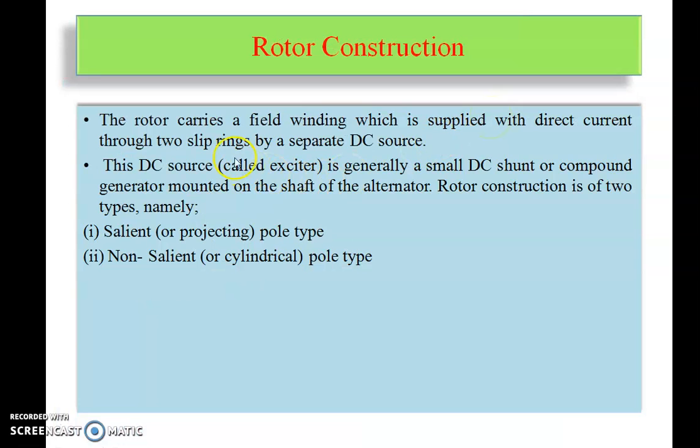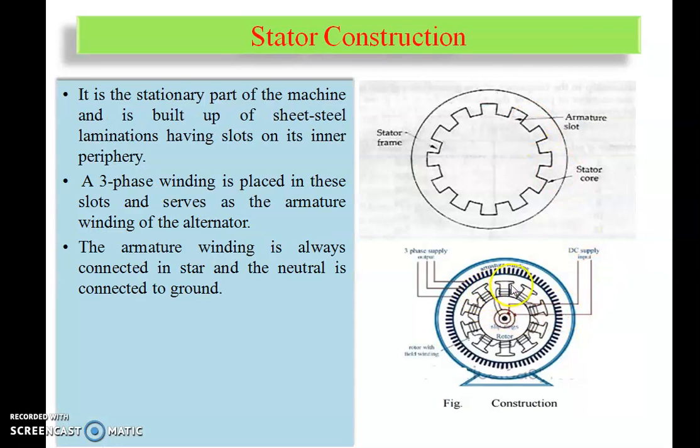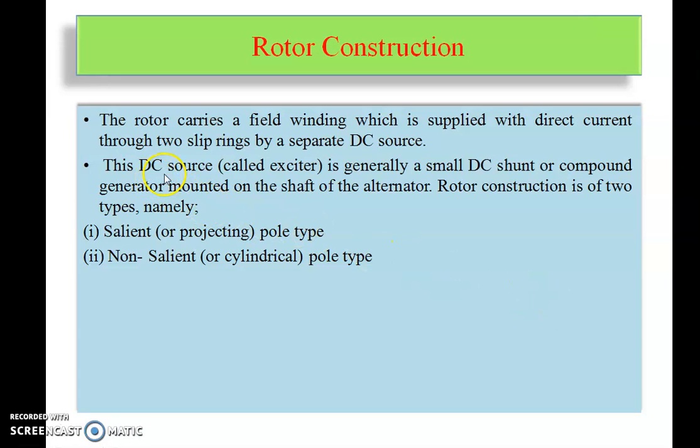So the rotor carries a field winding which is supplied with a direct current. That means the rotor has a field winding, and this field winding is energized using the DC supply through the slip rings, with the brush arrangement. This DC source, called the exciter, is generally a small DC shunt or compound generator mounted on the shaft of the alternator.